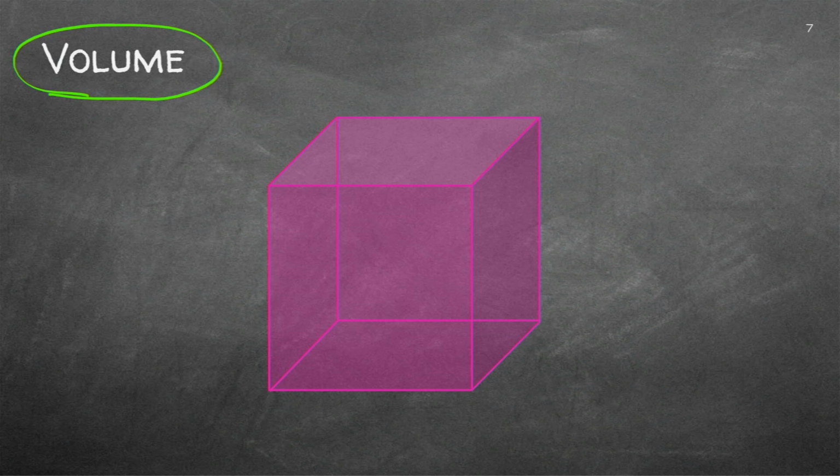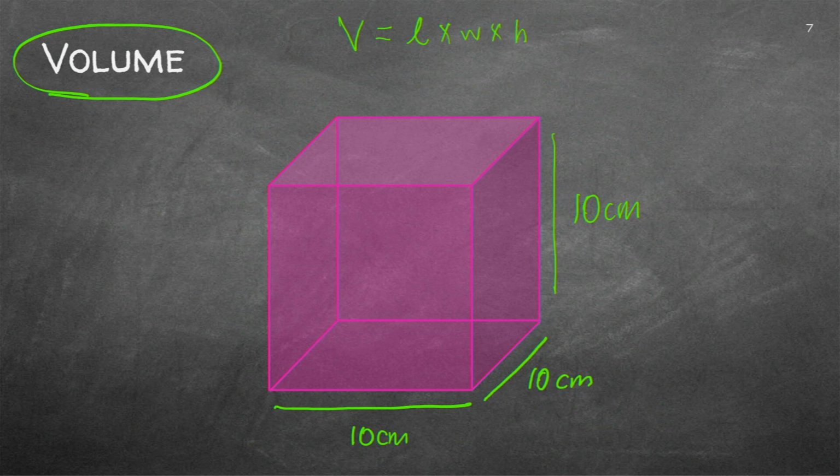Remember we said 10 centimeters and 10 centimeters and 10 centimeters will give me a volume, length times width times height, of 10 centimeters times 10 centimeters times 10 centimeters, which gives me 1,000 cubic centimeters.